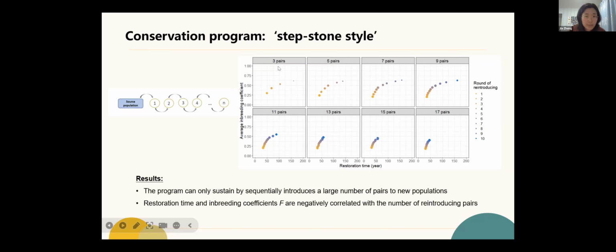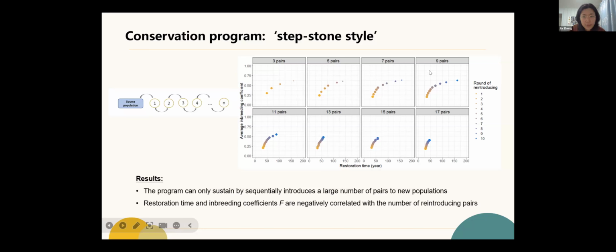So for example, when we introduce 3 pairs at each round, you can see that the whole program can only reach the 4th step. No population could go further, and a lot of them go extinct at the 3rd step already.